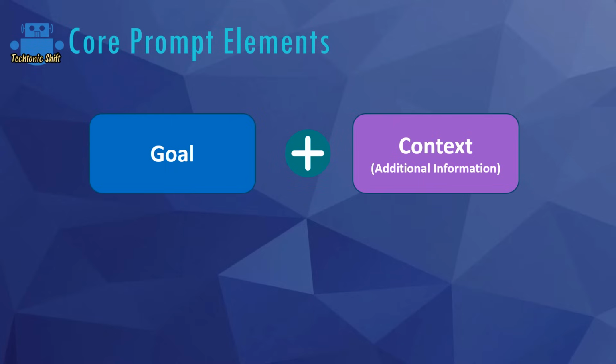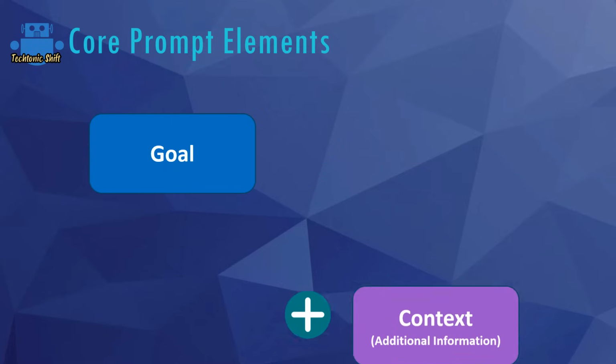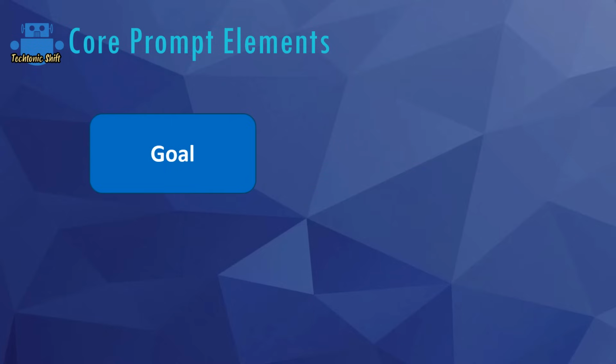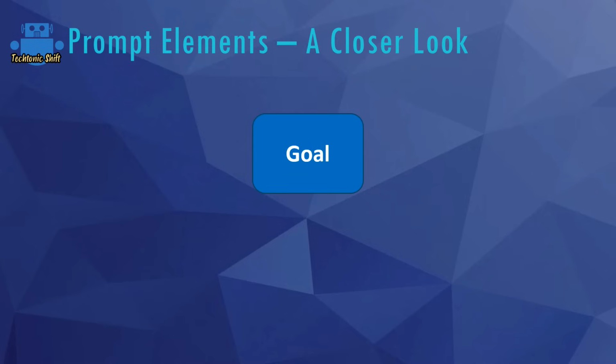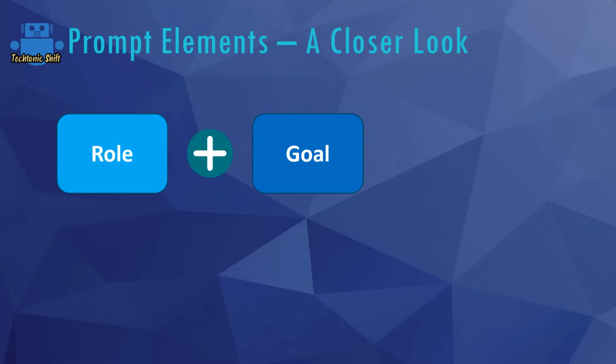Though this context part could actually be broken up into two separate types of context, two separate types of extra information, because it is quite common that for many prompts you add a role to the prompt, where you assign a role to ChatGPT, so that it's not just a default AI assistant anymore, but instead something more specific defined by you.